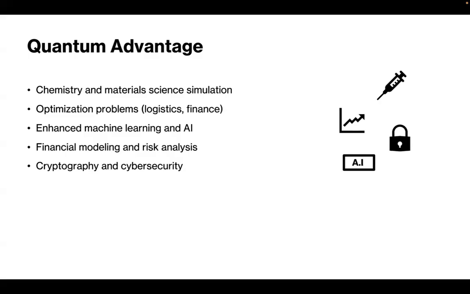While quantum computers threaten current encryption methods, they also enable new quantum resistant cryptographic techniques. These examples illustrate the wide scope of impact quantum advantage could bring, from transforming how we design medicine and materials to enhancing machine learning and AI systems, as well as reshaping industries like logistics, finance, and cybersecurity.